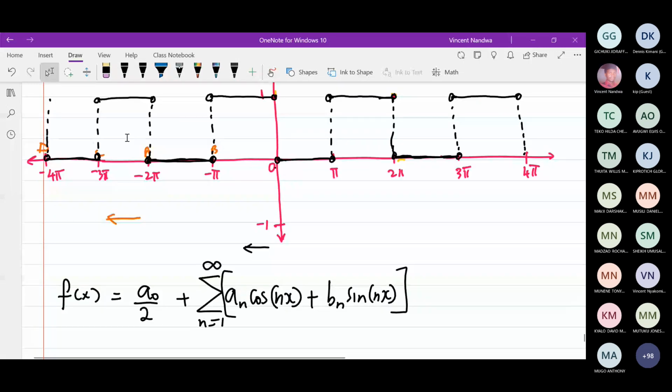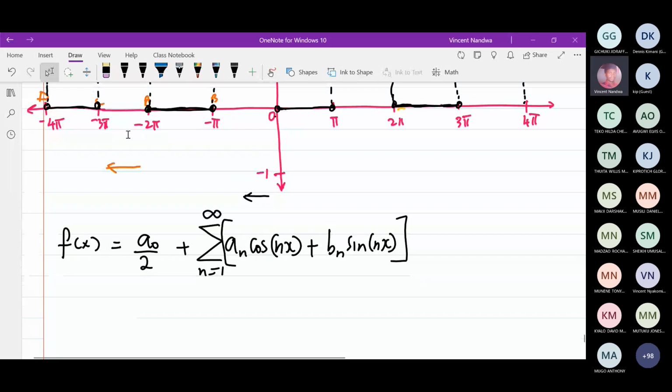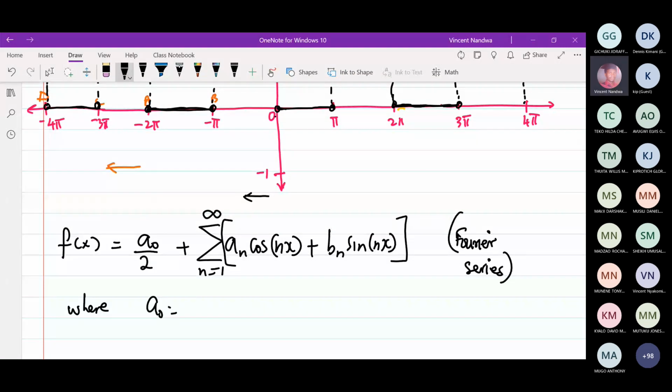So a naught is given by 1 over pi. So remember, still we have been asked to define the Fourier series from minus pi to pi. So it's still from minus pi to pi of f of x dx. And then an is given by 1 over pi, minus pi to pi, f of x cosine of nx dx.